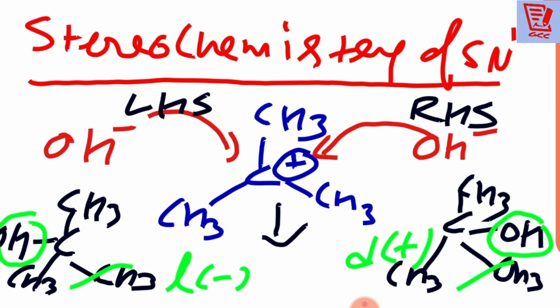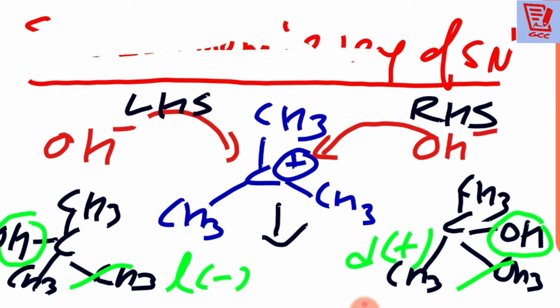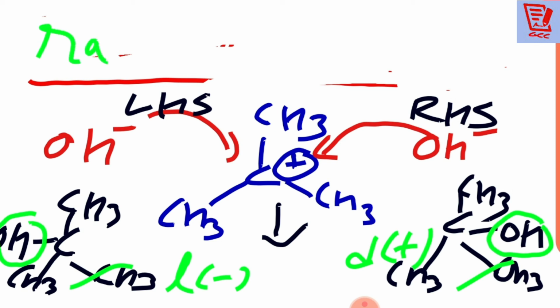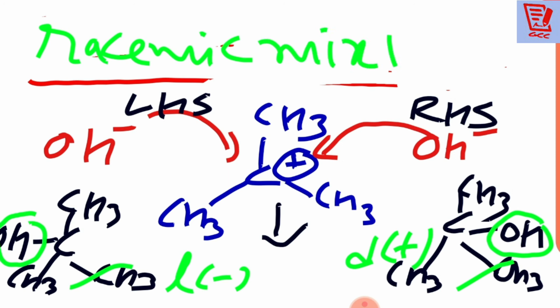So what we usually say is that in the stereochemistry of the SN1 reaction we are getting a racemic mixture. Clear? So beta students, this was the mechanism of SN1.